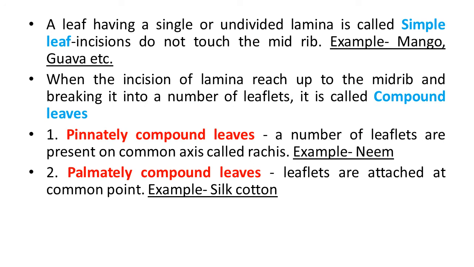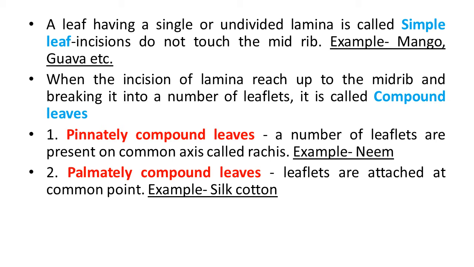Now the difference between simple and compound leaves. In a simple type of leaf, the leaf has a single or undivided lamina, and this type of leaf is known as a simple leaf. In a simple leaf, the incision, or we can say the cutting part, surrounding the margin region, does not touch the midrib region.